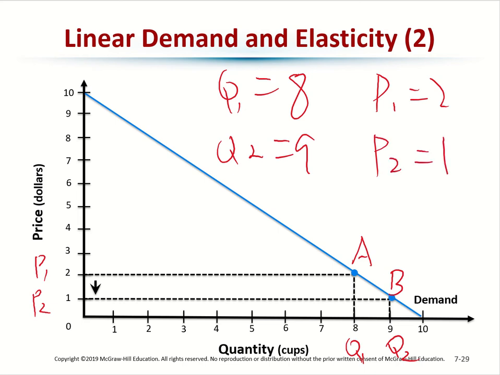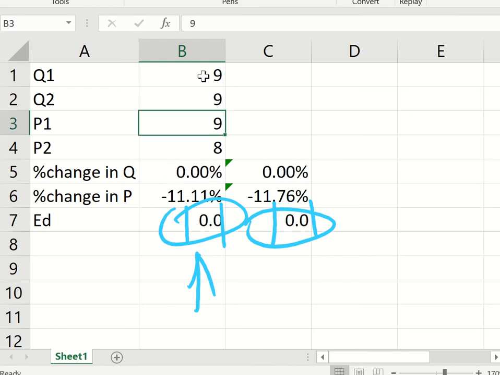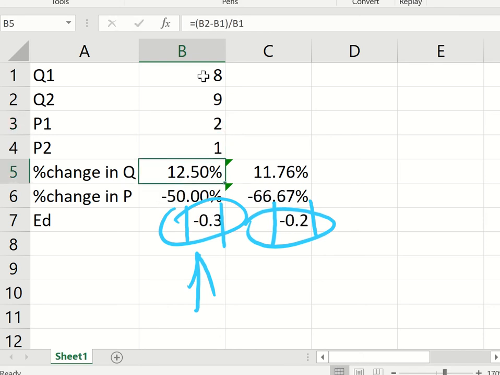All right, so let's change the numbers in our formula here. Q1 was 8, Q2 was 9, and P1 was 2, P2 was 1. There, see the answer change automatically, right? So our elasticity, again taking the absolute value, is just 0.3 using the original method. If you're using the midpoint method, that'd be 0.2, okay?